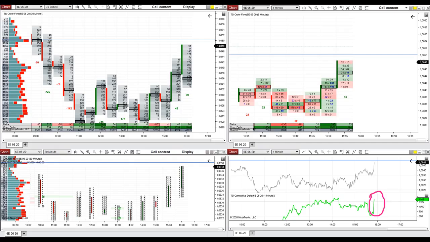Alright, now we want to see some confirmation. Either absorption, limit orders, or delta divergence.